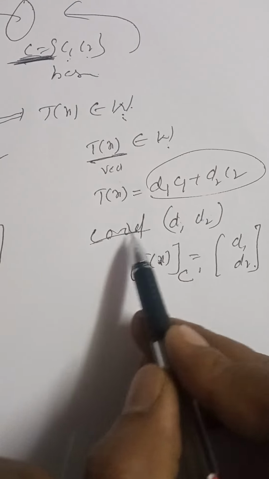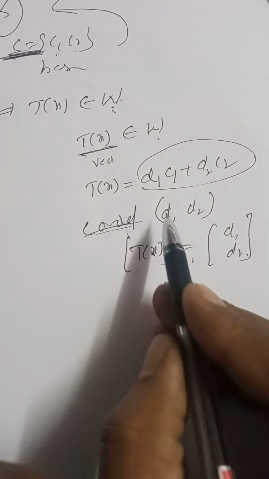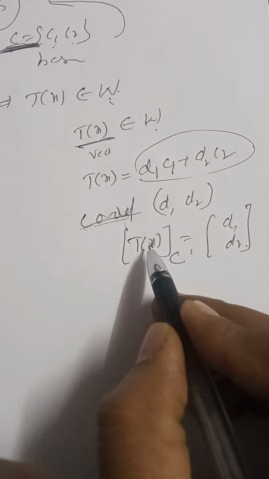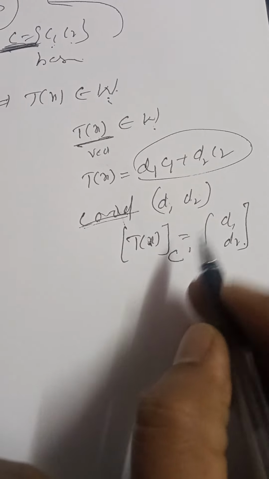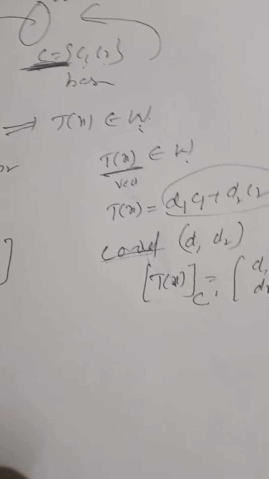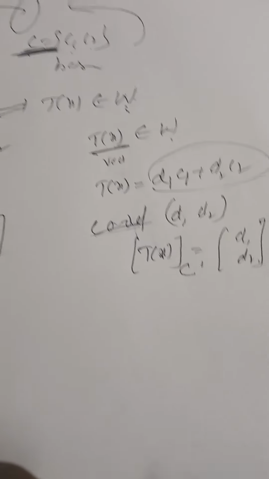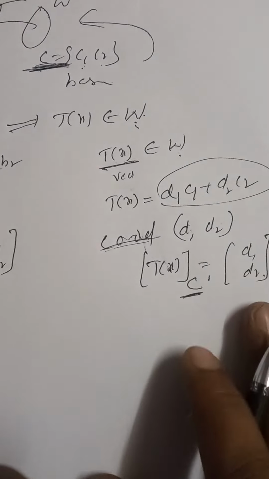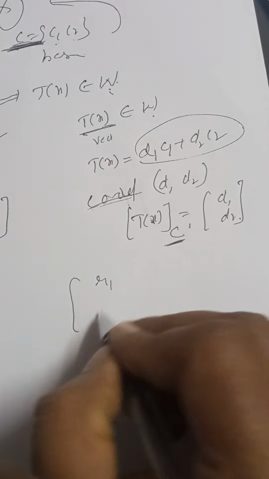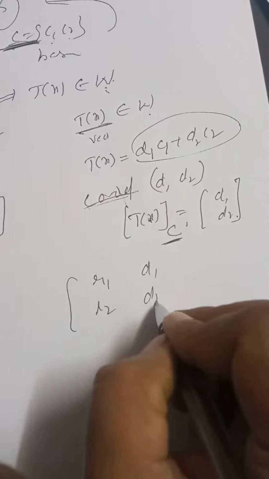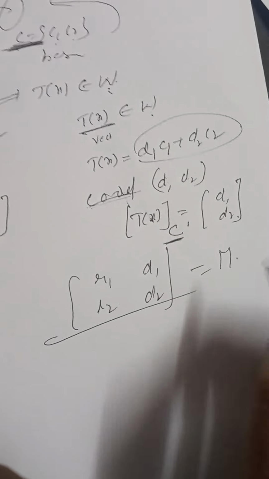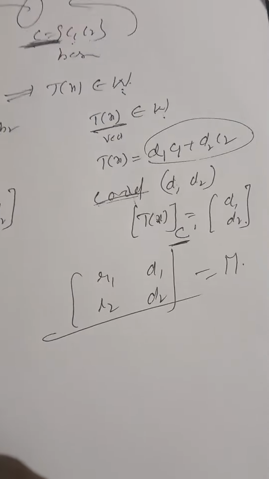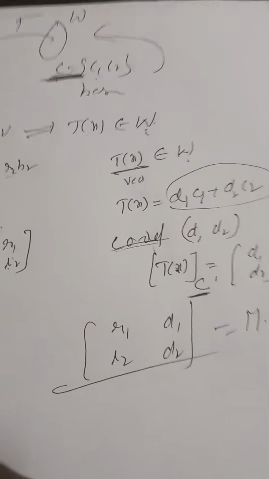These are called coordinates, right? Therefore the coordinates for T of X relative to the basis C is d1, d2. Got it? Now see, if you collect these scalars, this is a matrix, right? Simply it is a matrix relative to the basis B.